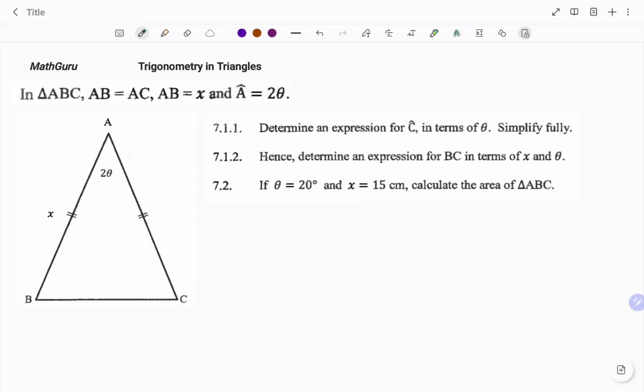In this video, I'm going to show you how to solve the following trigonometry in triangle revision question. We have in triangle ABC, the line AB is equal to the line AC and AB is equal to x. The angle A is equal to 2 theta.